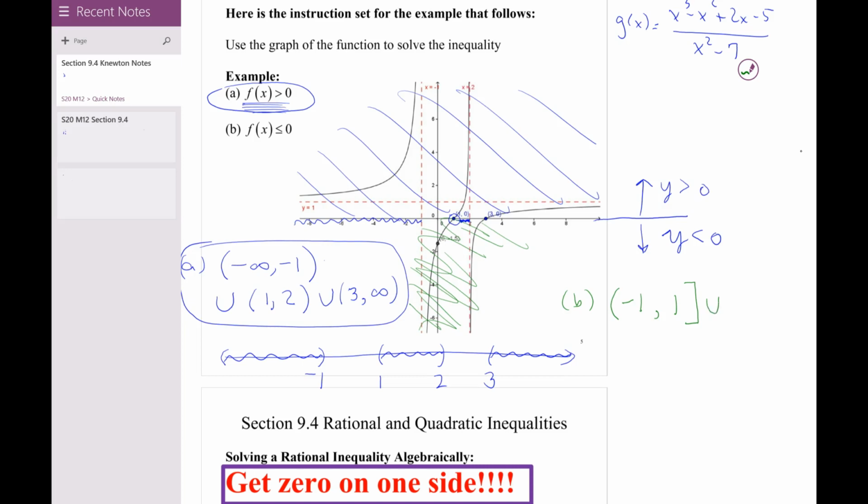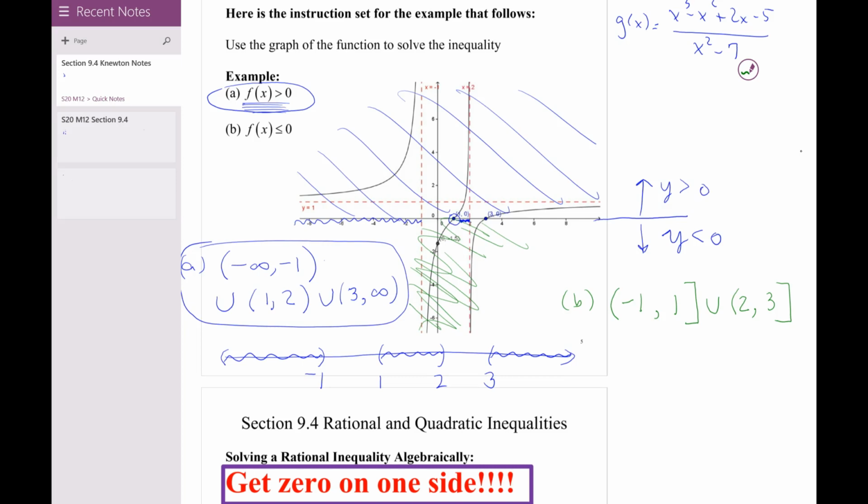Then this is union with, it gets negative again at the vertical asymptote of 2 and stays negative until 3, and then it equals 0 there.